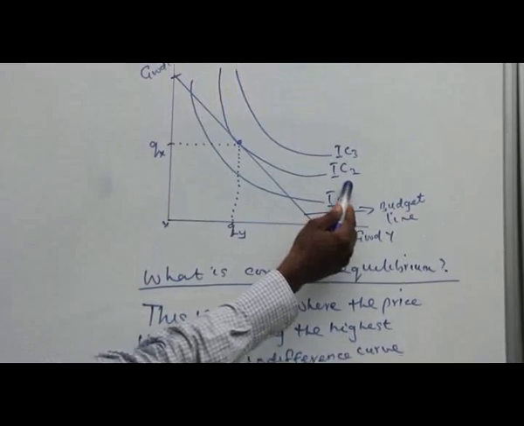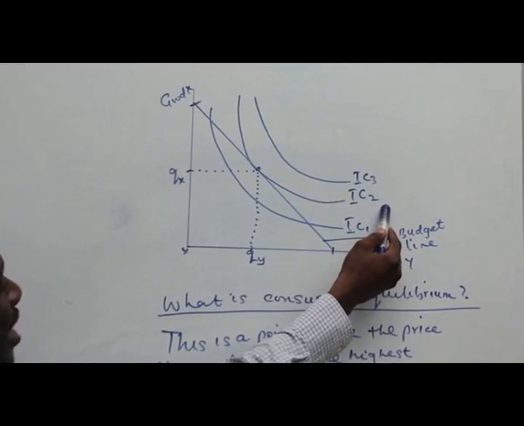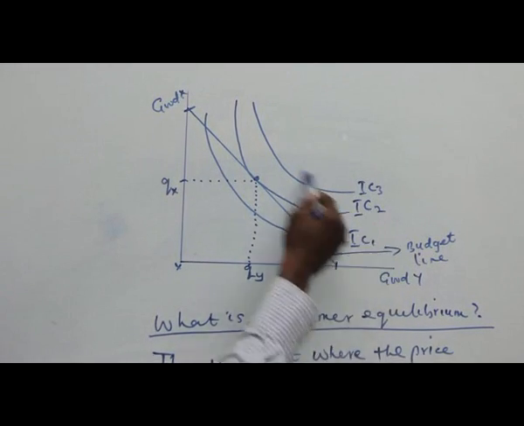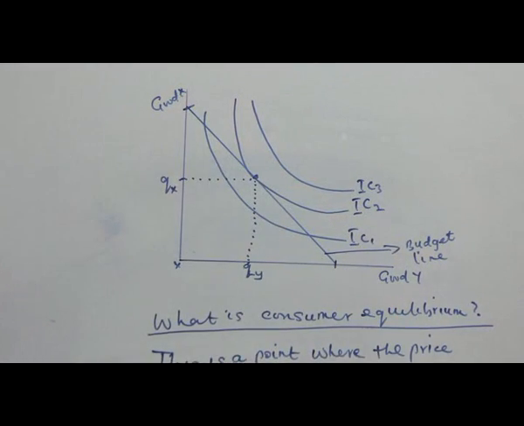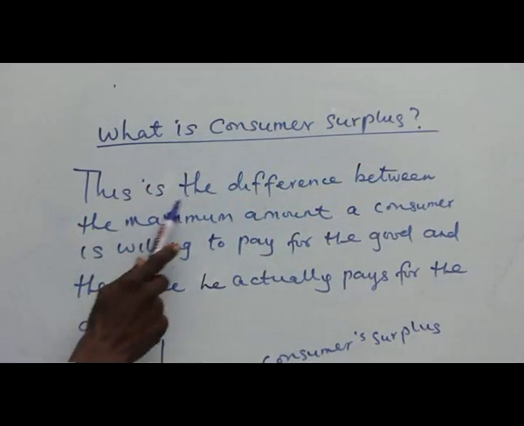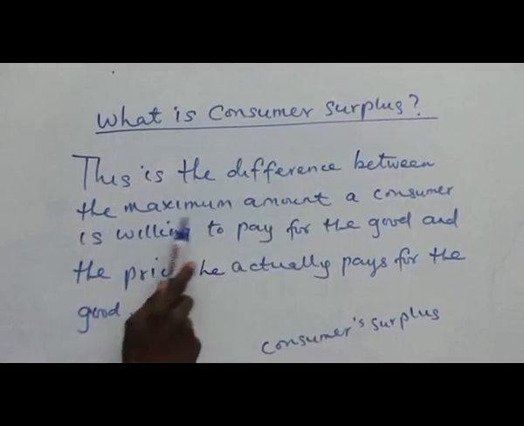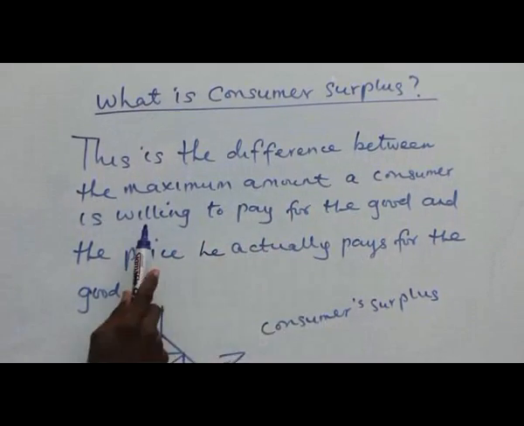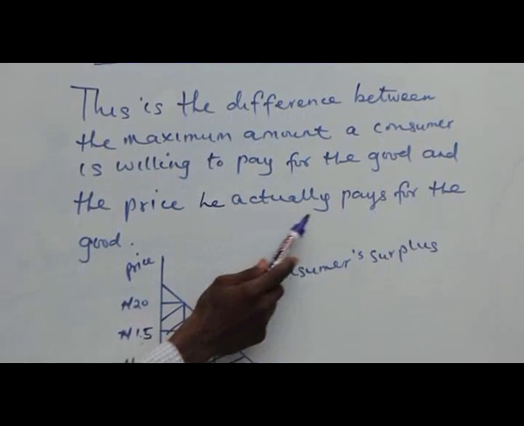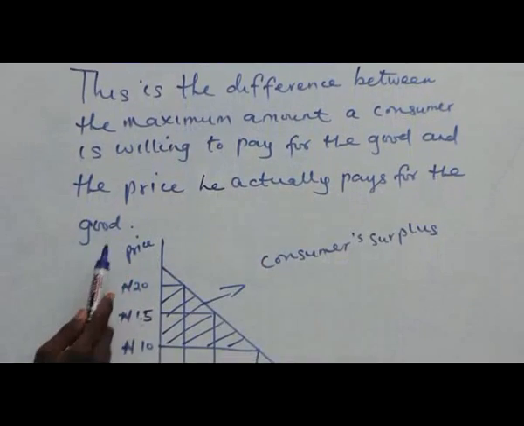So this is the highest attainable indifference curve that the consumer can have as a result of the budget line. What is consumer surplus? This is the difference between the maximum amount a consumer is willing to pay for the good and the price he actually pays for the good.